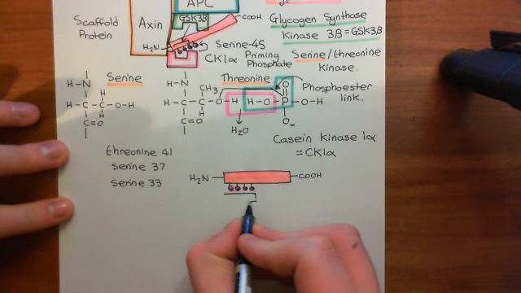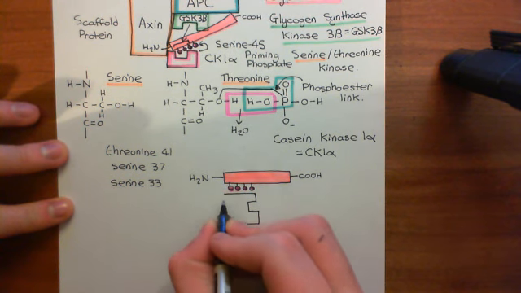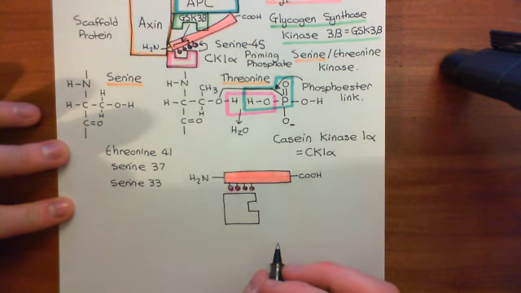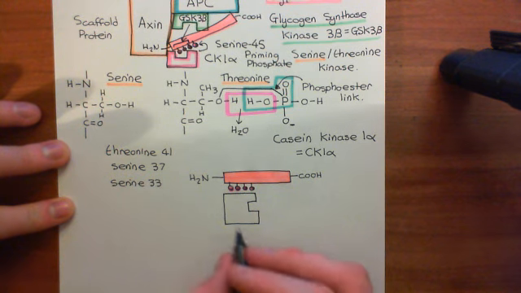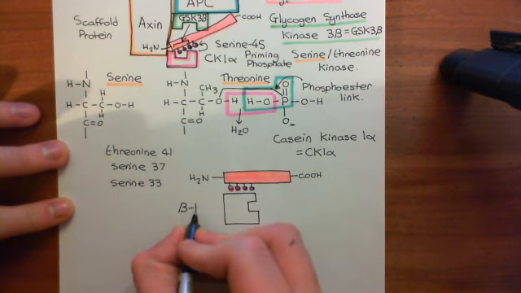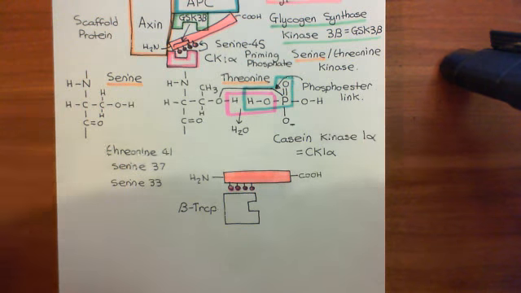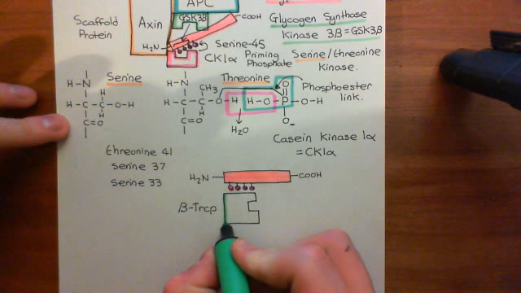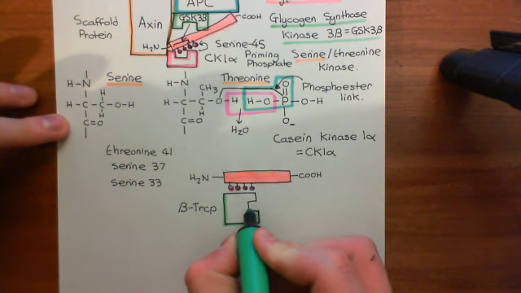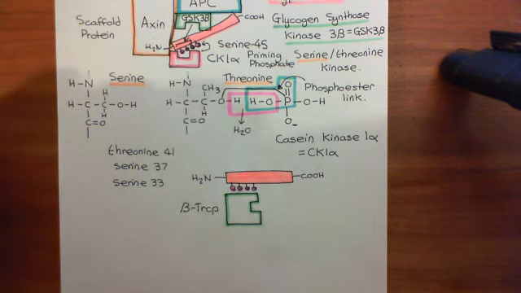Okay, here it is, like so. And this protein is a protein known as beta-TRCP. Okay, so let's colour in beta-TRCP in green here. And this is an enzyme which is capable of adding ubiquitin groups onto proteins.